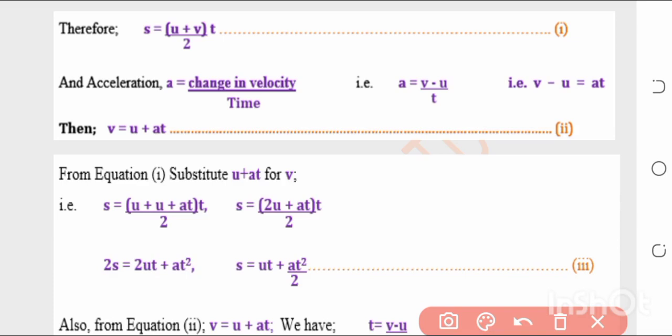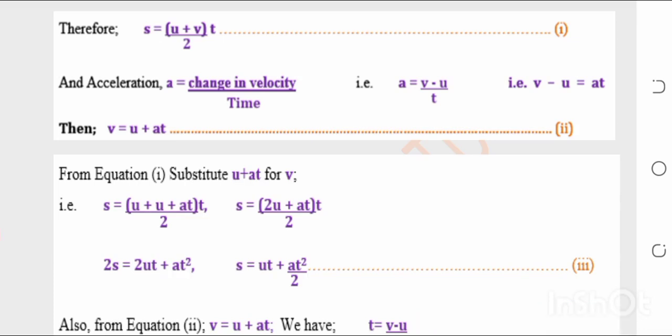That leads us to s equal to ut plus at squared over 2, and this gives us the third equation of uniformly accelerated motion.